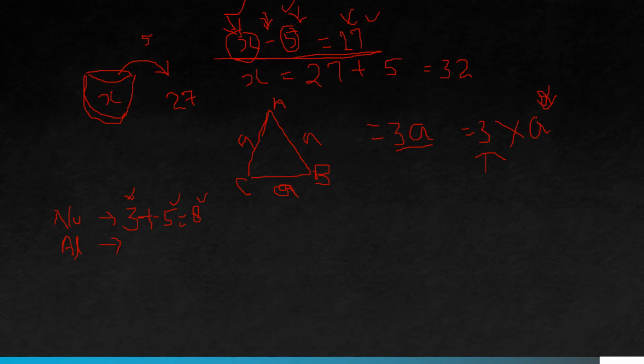These two are constants and these are the mathematical operations. So a numerical expression contains only the constants and the mathematical operations, while an algebraic expression contains the variable, constant and the mathematical operation. This is the basic difference between the numerical expression and the algebraic expression.